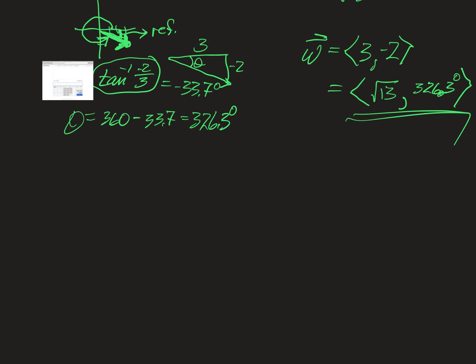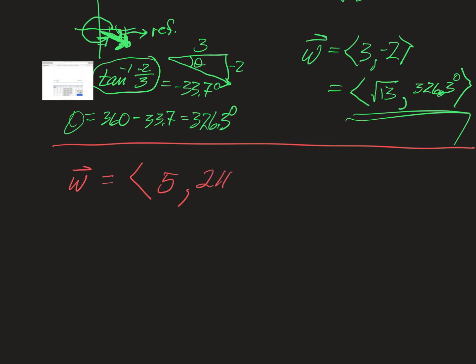And so suppose somebody tells me now vector W is equal to, so let's give it a magnitude, let's call it 5, and let's give it a direction, and we'll give it a special angle. So let's go 210 degrees, all right?